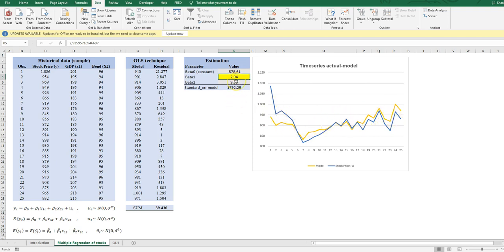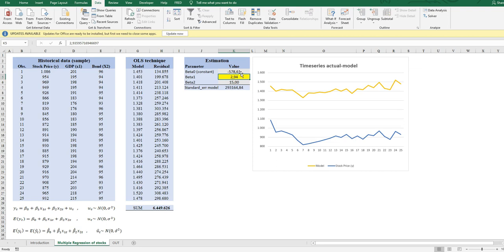This should be the optimal model in terms of minimizing the differences between the blue and the yellow. I'll just try to type 15 in and see, you see, it is quite sensitive. Okay, just solve again.